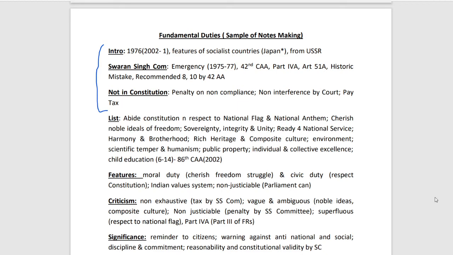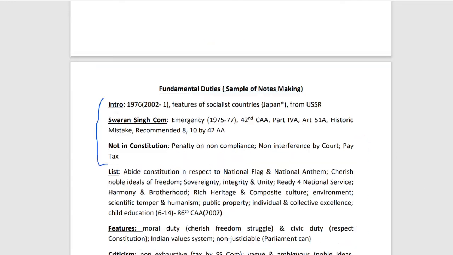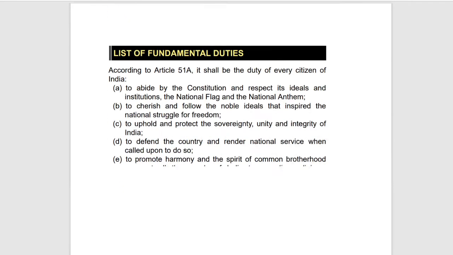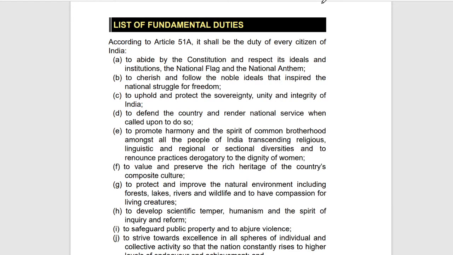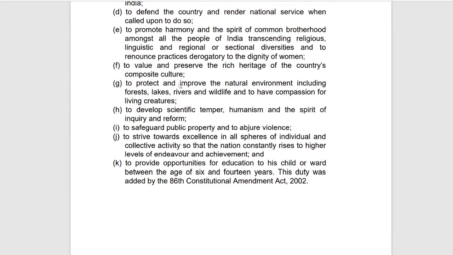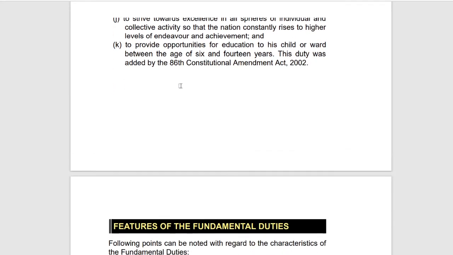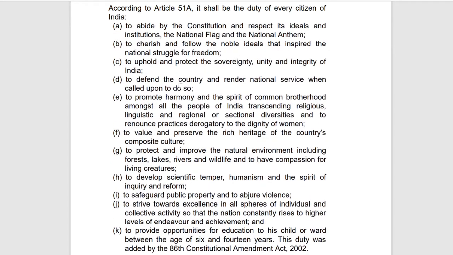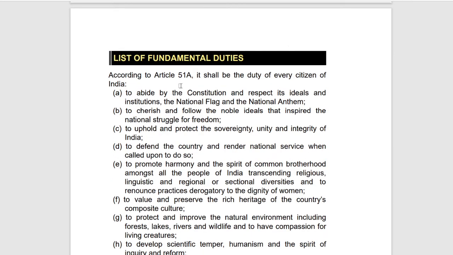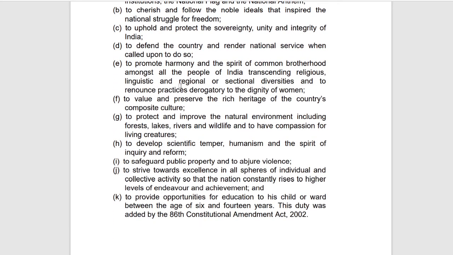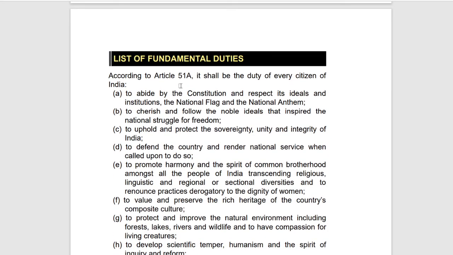Now let us go back to the list of fundamental duties. Now you can see here that there are total 10 fundamental duties, okay, and this 11th one also. Now the question is, how should I remember this entire thing? Because we have to remember it also, and I told you what is the purpose of notes making.